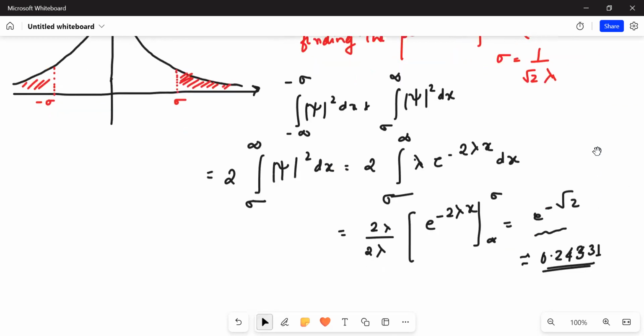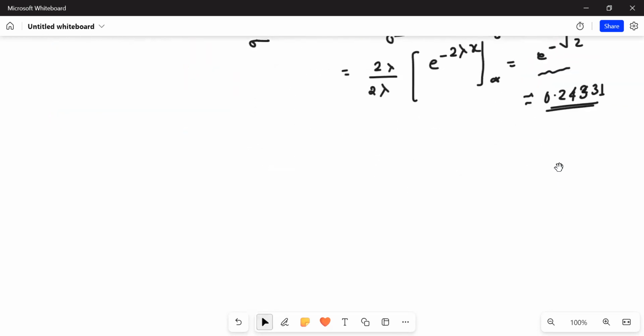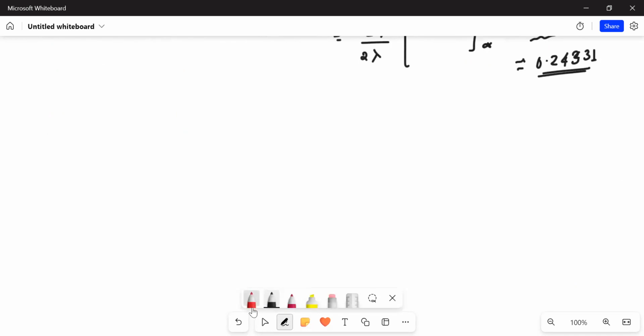One of the important concepts, I'm just going to list it here, and show it using one example. This question was asked in TIFR 2014, and instead of the position, they asked the expectation value of momentum.